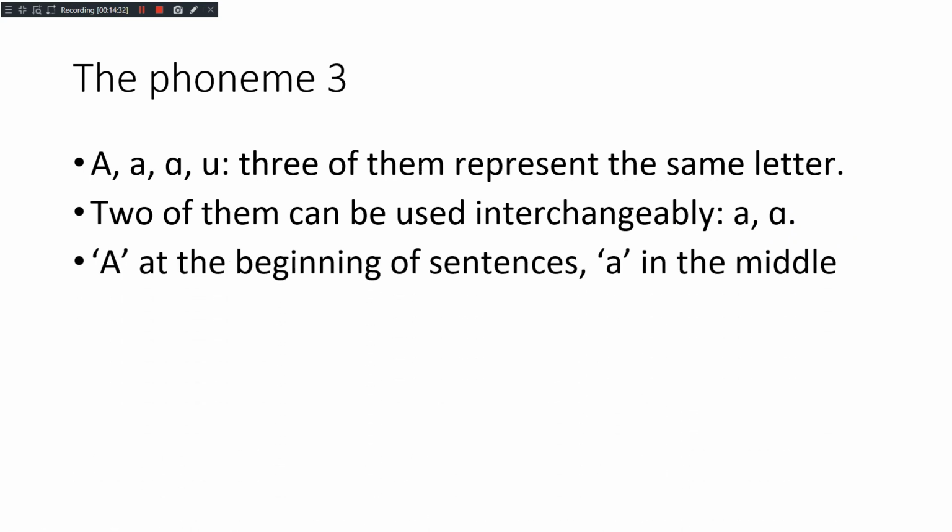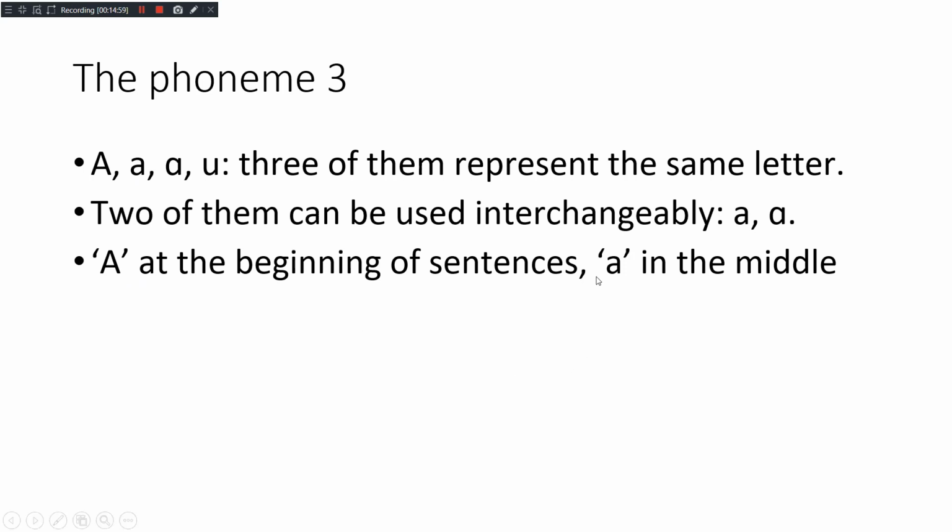But if we take the example of the first two representations, a capital letter A and a small letter a, or sometimes it's called an uppercase A and a lowercase a, we always find the capital A at the beginning of sentences and at the beginning of proper nouns like Ahmed.